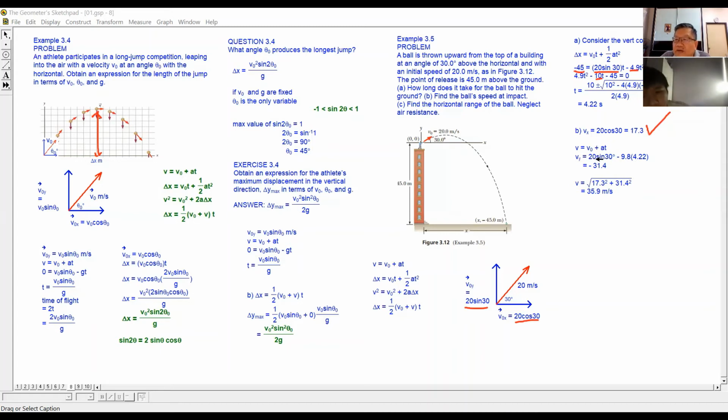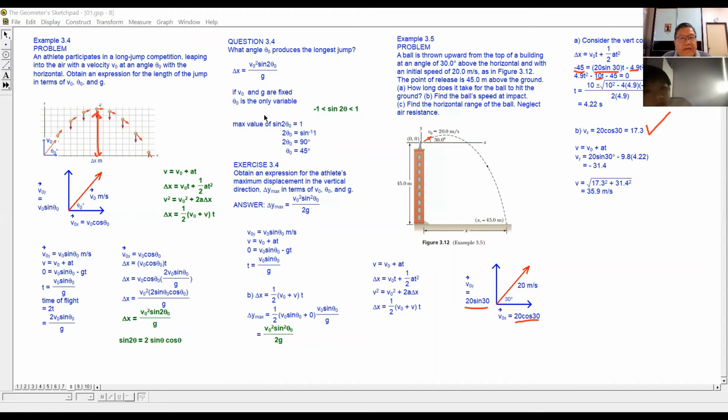So the initial velocity is 20 sine 30, minus 9.8, and the time is this time here, 4.22 seconds. When you use your calculator to evaluate this expression, it is negative 31.4.